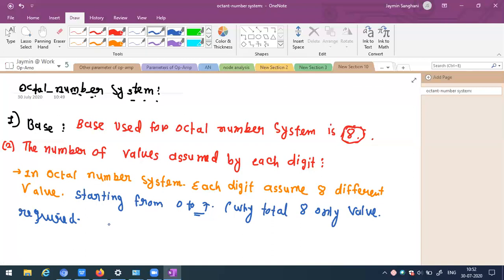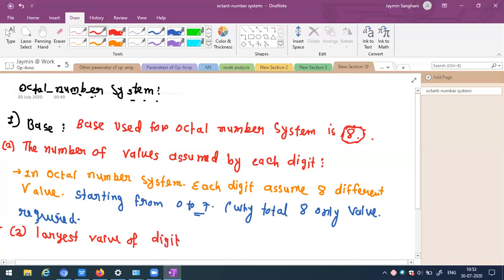Third point, the largest value of a digit in the octal number system is 7.